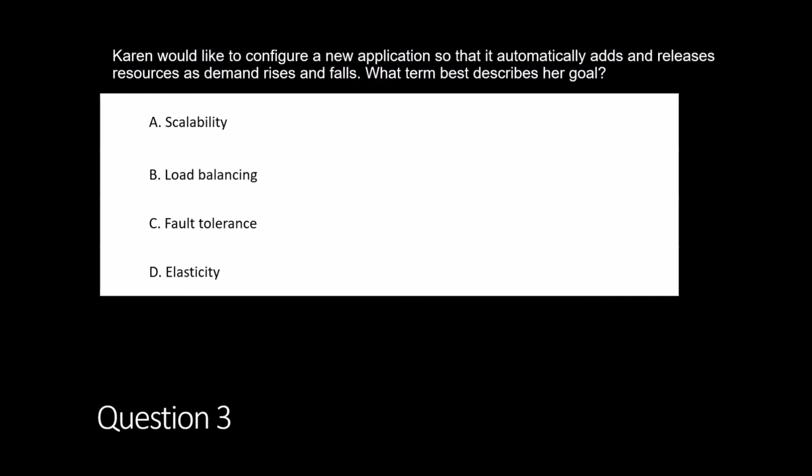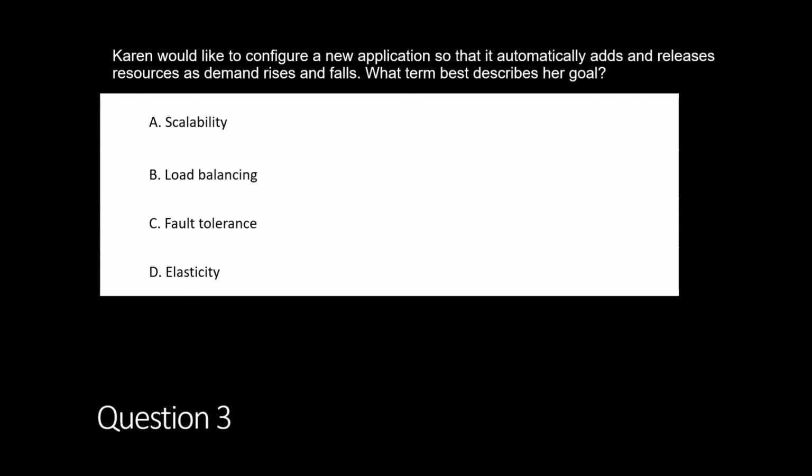The keywords are adding and releasing new resources as demand rises and falls. Which one suits the best? Scalability. Usually scalability is done only if you want to upscale, just provision the resources, but not deprovision or downscale. So scalability wouldn't be a good choice, but we'll just keep it in park.